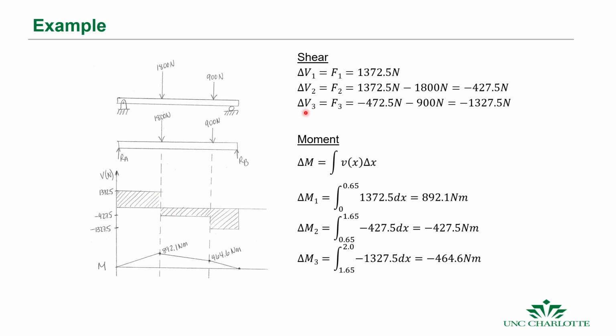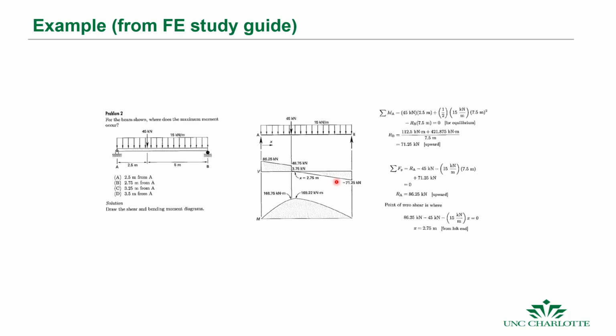And then in the third section, it's what it was minus the point load, and that's the change in shear here. If you look at the moment diagram, the change in moment is equal to the area under the curve of the shear diagram. So we can integrate these values, and we see that indeed the change in moment is 892.1. So it goes from here to here. All right, and then we can calculate the other intervals for the change in moment as well.